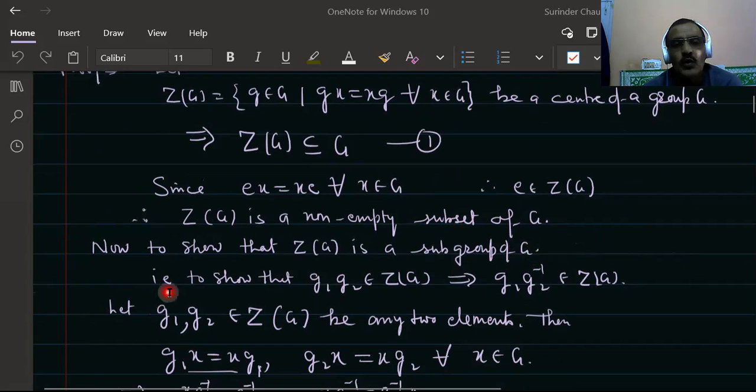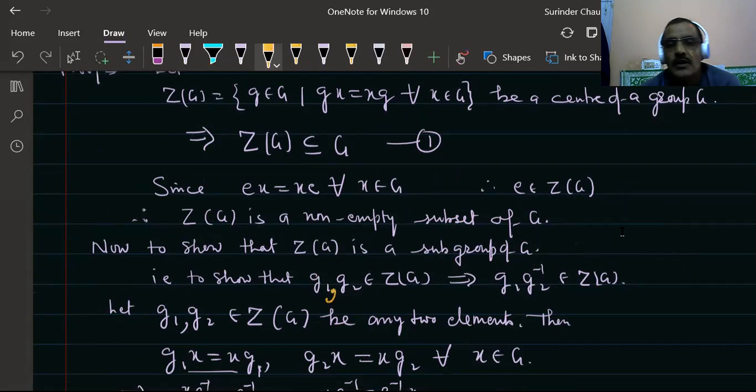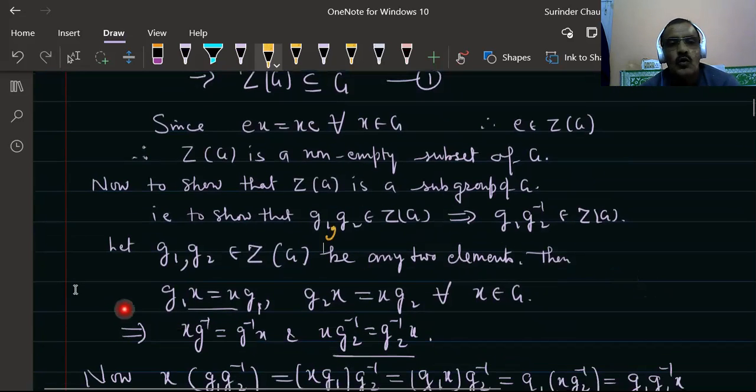For that, what we will do? We will show that if g1, g2 belong to Z(G), then g1 g2 inverse belongs to Z(G). So let us take g1, g2 belonging to Z(G).